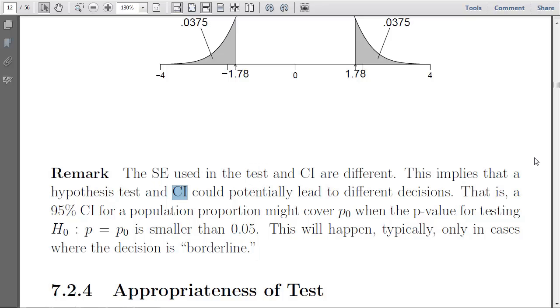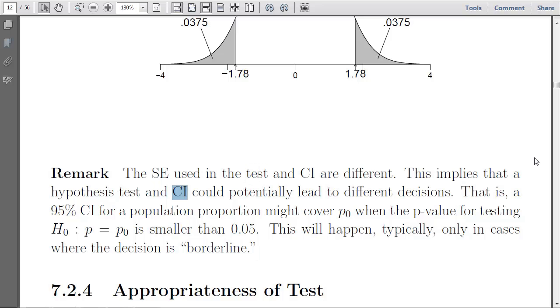Recall that back in Chapter 2, when we did one sample t-tests, if the confidence interval contained the hypothesized value, then that suggests that the hypothesized value is consistent with the data, or that the data is consistent with the hypothesis.